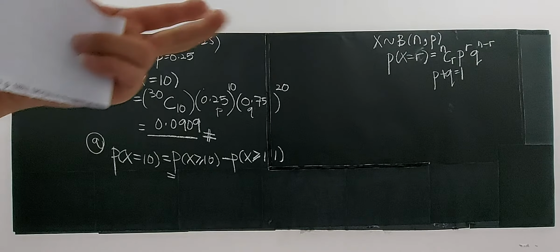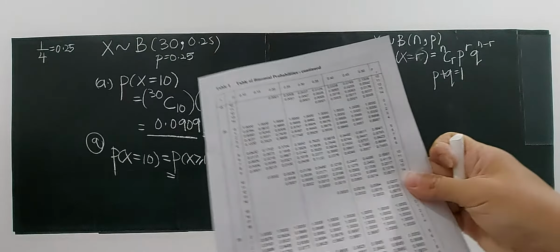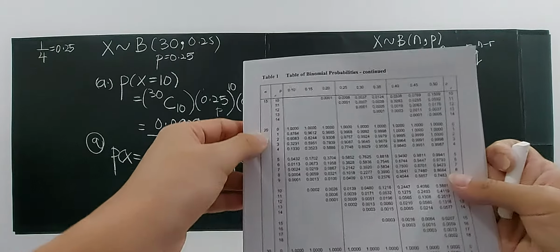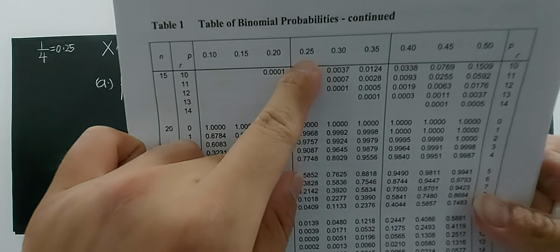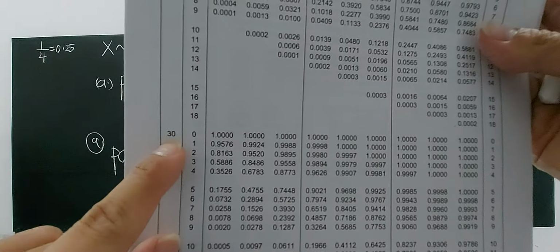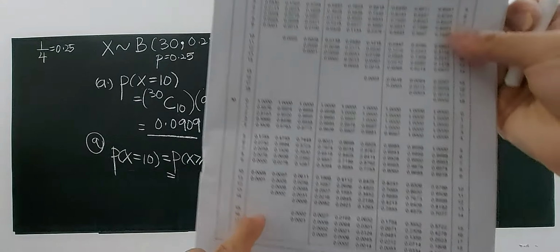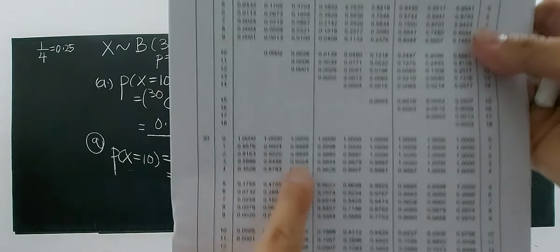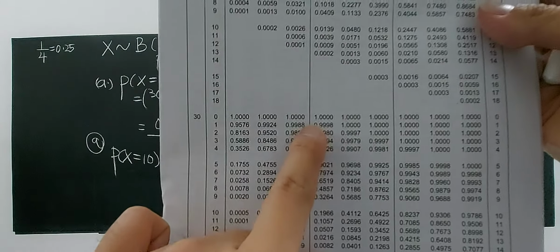So you find from your statistical table n equals 30 and p equals 0.25. You go to 0.25, 30, and you just take 10 minus 11. So 0.25 is here, 10 and 11.